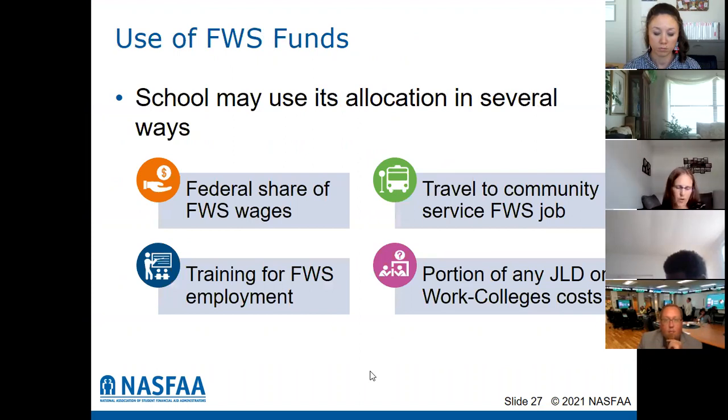Use of federal work study funds. A school may use its allocation of federal work study funds in several different ways.